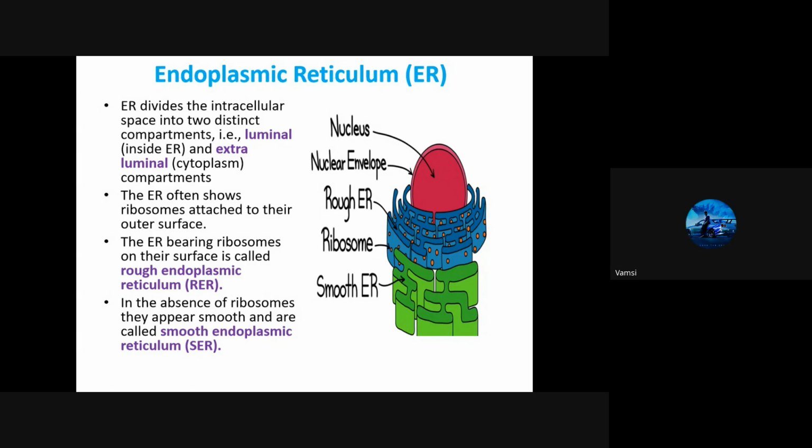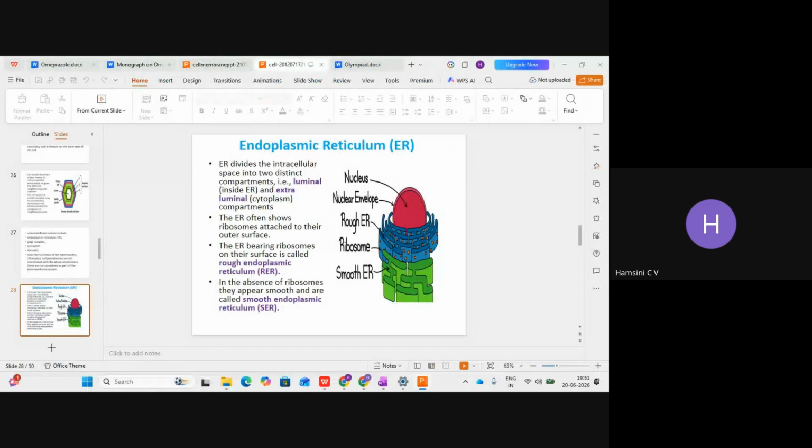Ma'am, I lost power and disconnected about 5 minutes ago. Can you tell what you were doing? I was doing the endoplasmic reticulum. I was telling what the luminal and extraluminal space is. Were you there for that?